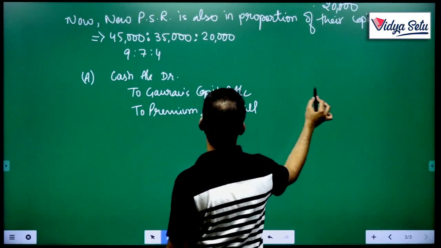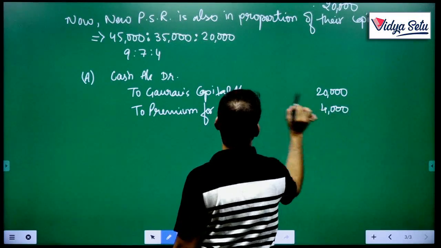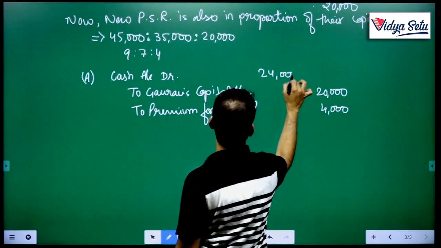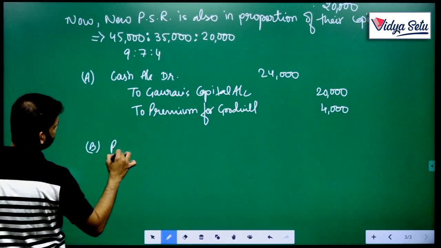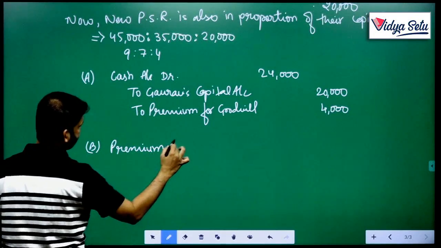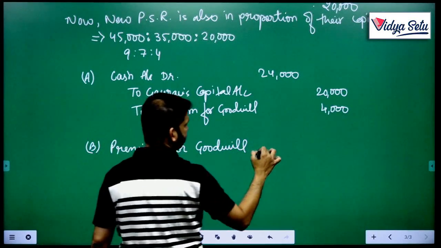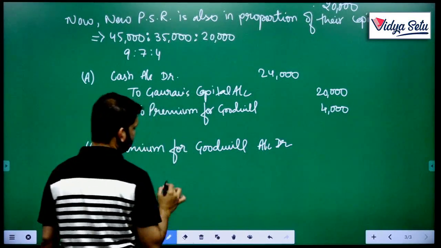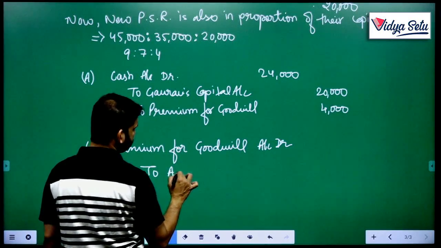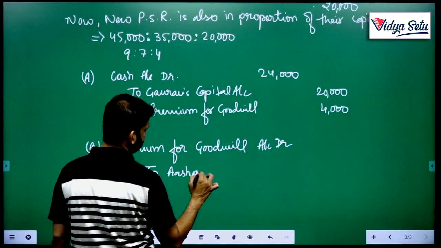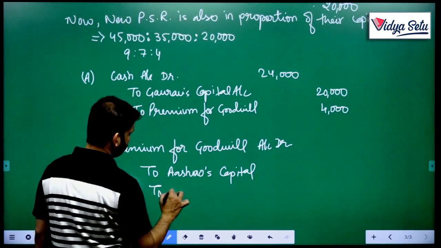Now we know that he brought 20,000 and he brought 4,000. So in total he brought 24,000. This 4,000 is to be given to old partners. Premium for goodwill account debit to Ashu, to Rahul.